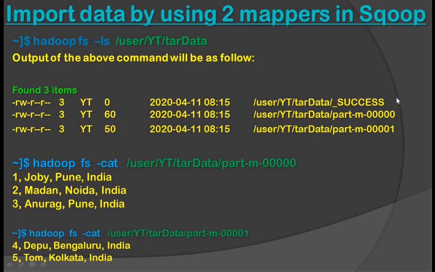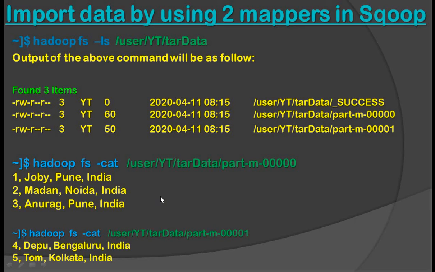So think about how Sqoop divides data between these two mappers. As we are seeing, the first mapper file has this data and the second mapper file has this data.